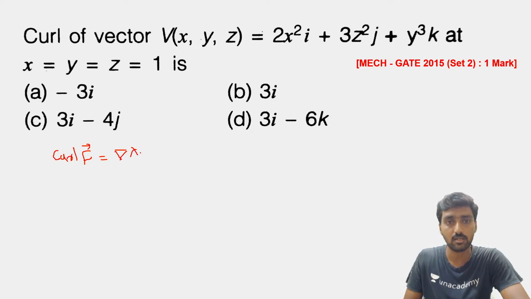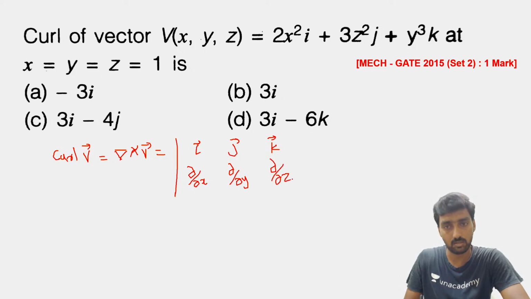Del cross V vector, whatever it may be, is equal to the determinant of i vector, j vector, k vector; dou divided by dou x, dou divided by dou y, dou divided by dou z.